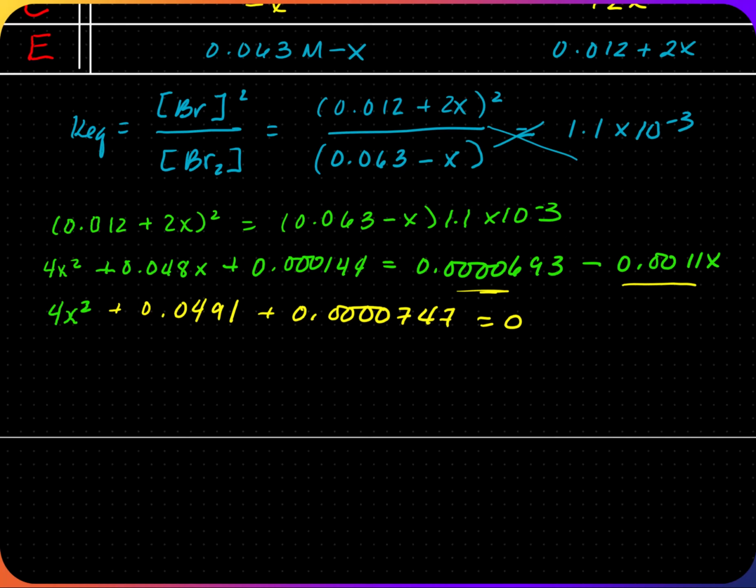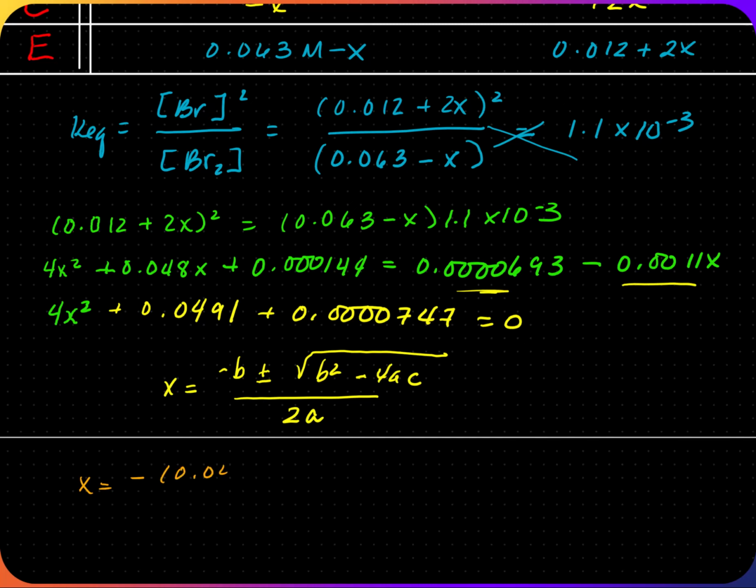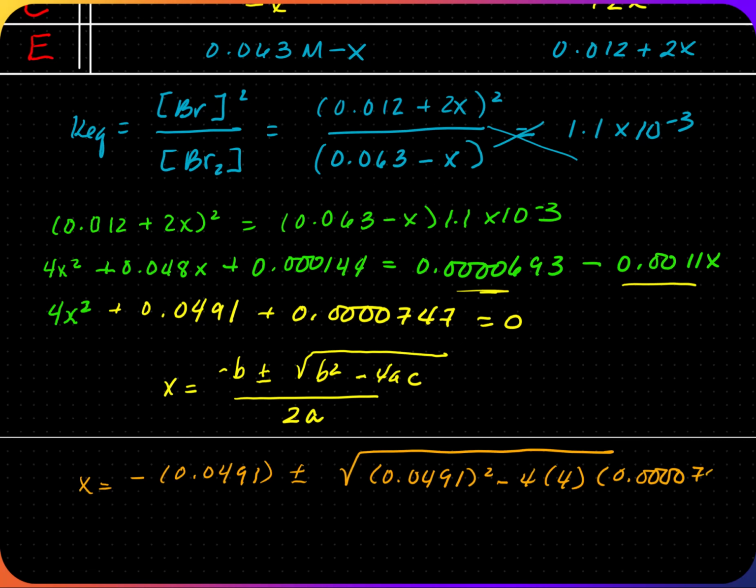The quadratic equation is x equal to minus b plus or minus the square root of b squared minus 4ac, divided by 2a. So if I plug in my coefficients, x is going to equal negative, the b is 0.0491, plus or minus the square root of 0.0491 squared minus 4, a is 4, c is 0.0000747.